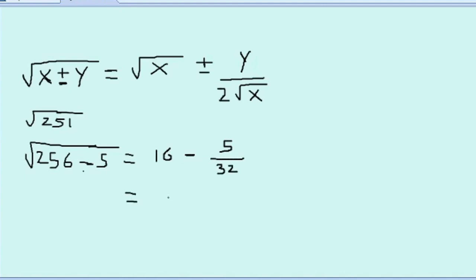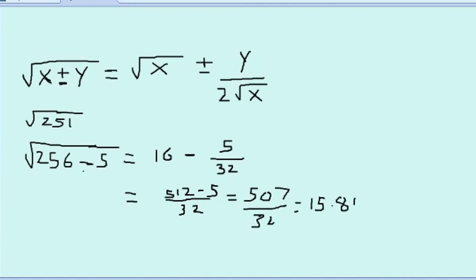When further simplified, with 32 as the denominator, 16 into 32 is 512 minus 5, which is 507 upon 32, which is equal to 15.843. Again, this is the approximate value of this square root.